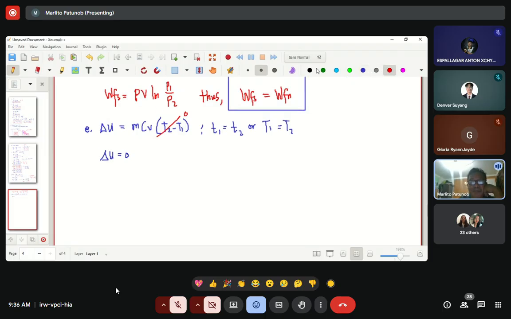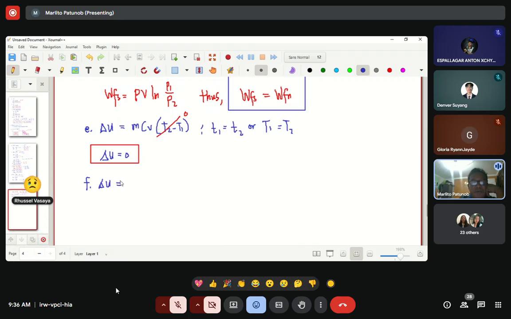So again, in the board exam, what is the change of internal energy for an isothermal process? That's probably 0, the answer. The board exam is very basic. If we tend to forget the basics, that will be the problem.